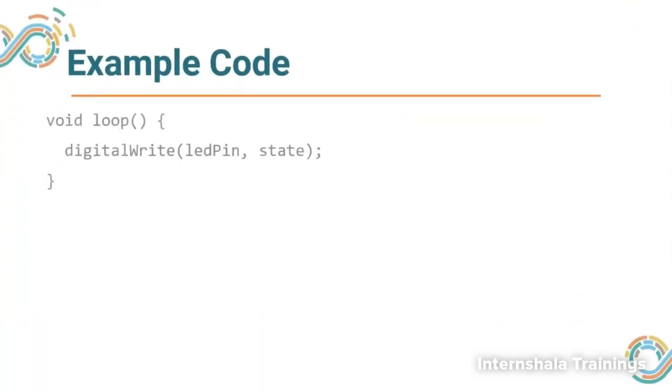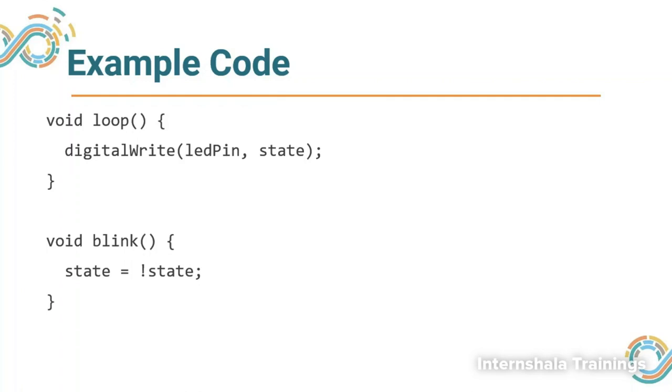Now in the loop, what I am doing, I say digital write LED pin as state, and what was my current state? That was low. Okay, so that means I am giving my pin number 13 as low. Then what is the blink function? Blink function says state is equal to not of state or invert of state.